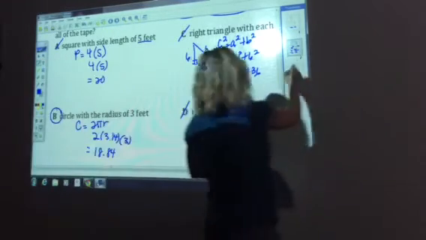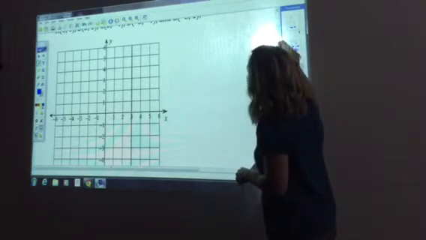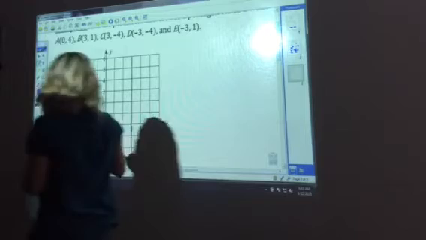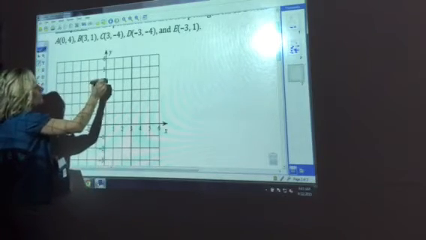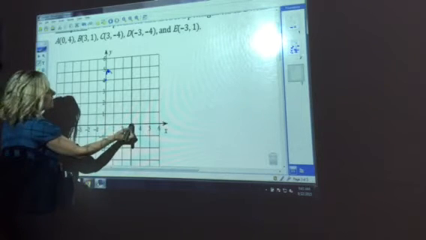Our last problem here for today, we've got this figure, and it says that A is located at the point 0, 4. B is located at 3, 1.